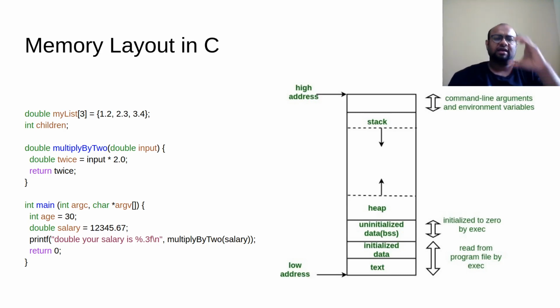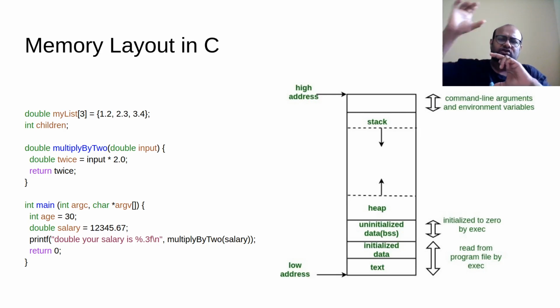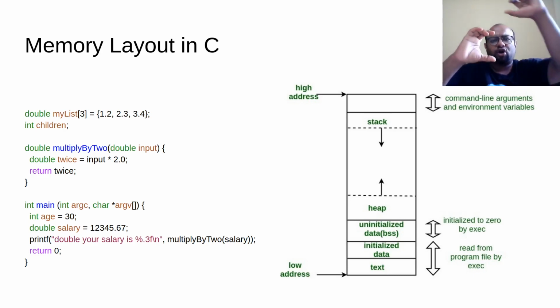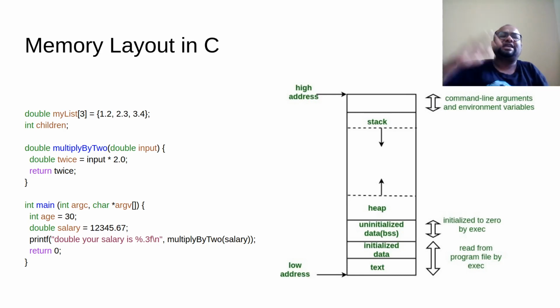So say I am in main, and I call function 1. All the local variables of function 1 will be allocated memory on top of main. In function 1, if I call function 2, on top of function 1 some more memory will be allocated to function 2. This is how my stack will be allocated space for all the local variables of all the functions that I call.